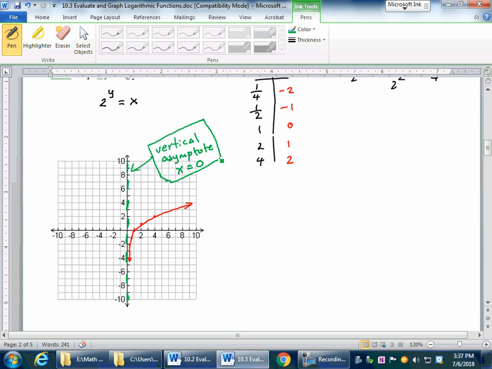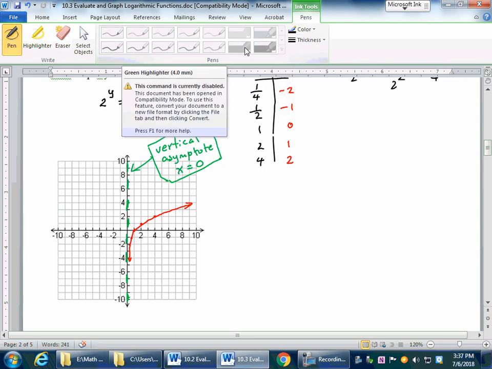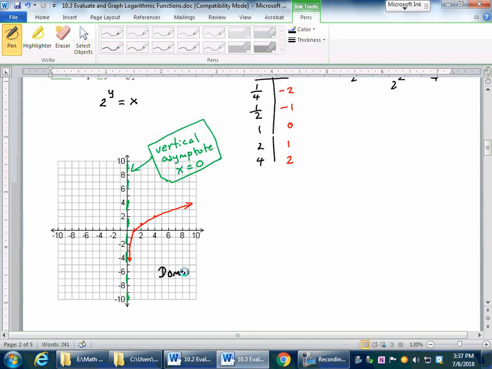So in 10.2, when we graphed the exponential graph, we had a horizontal asymptote. Now it becomes a vertical asymptote. And then look at the domain and range of this logarithmic equation. My domain basically starts from 0 to positive infinity. As you can see, the x will be only on the right side of 0.